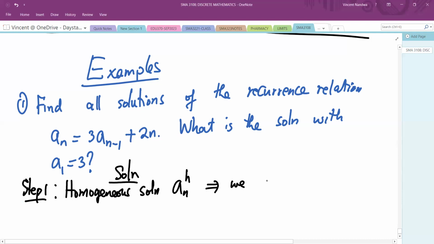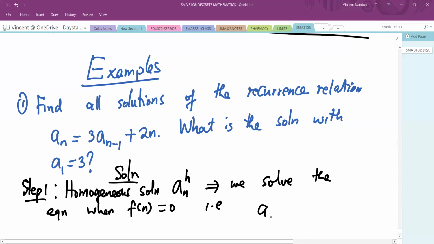Which means we solve the equation when f of n is taken to be 0, i.e. in our case, we solve an equals 3 an minus 1.